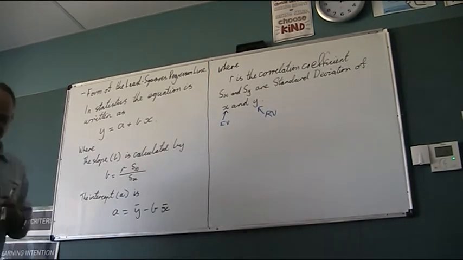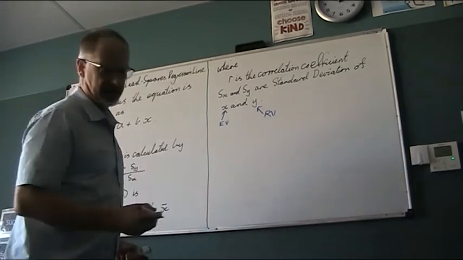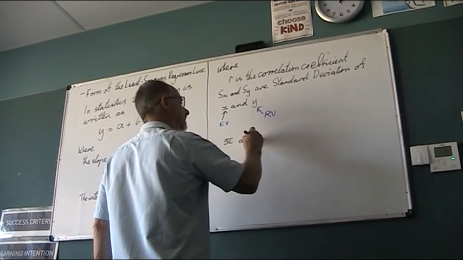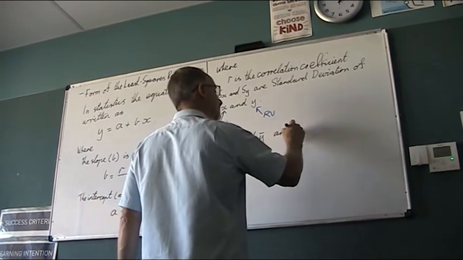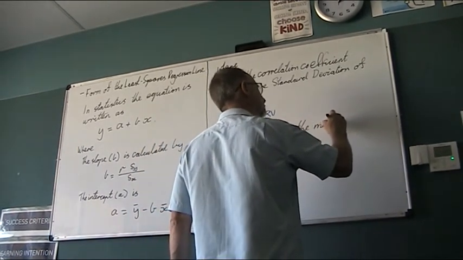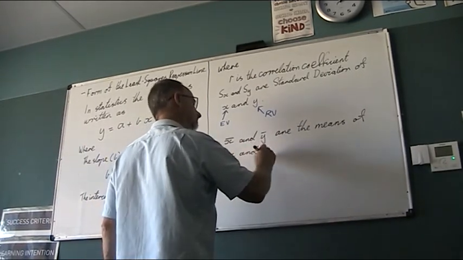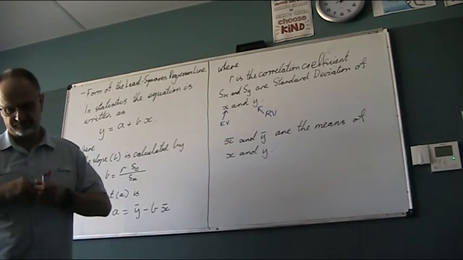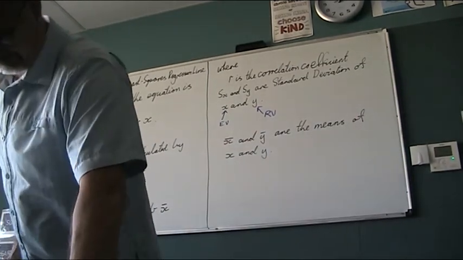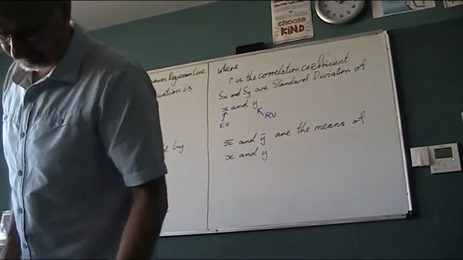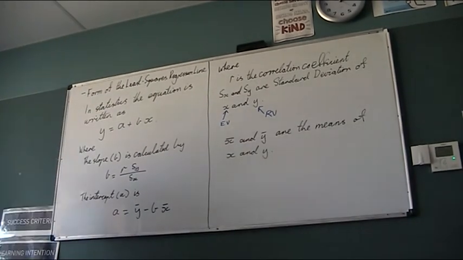Then x bar and y bar are the means of x and y. Right, let's put that down and then we'll do an example.